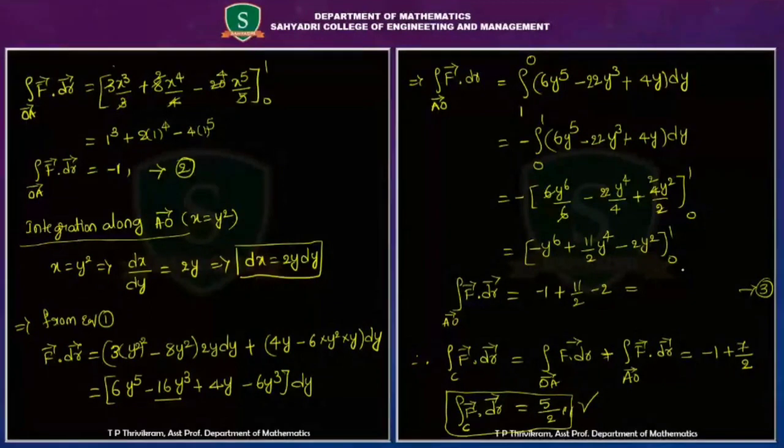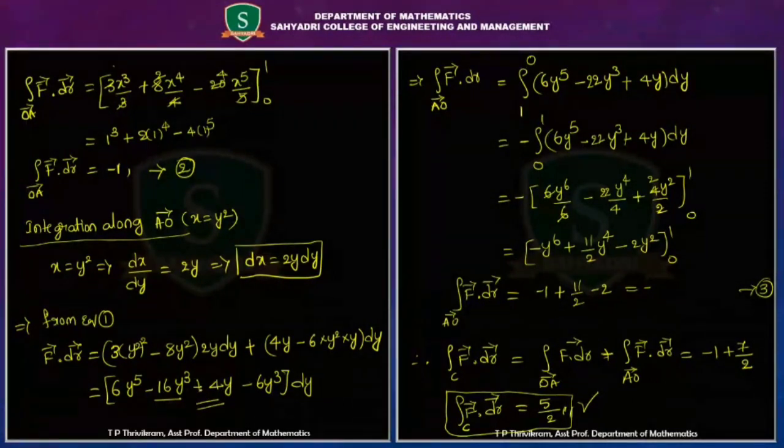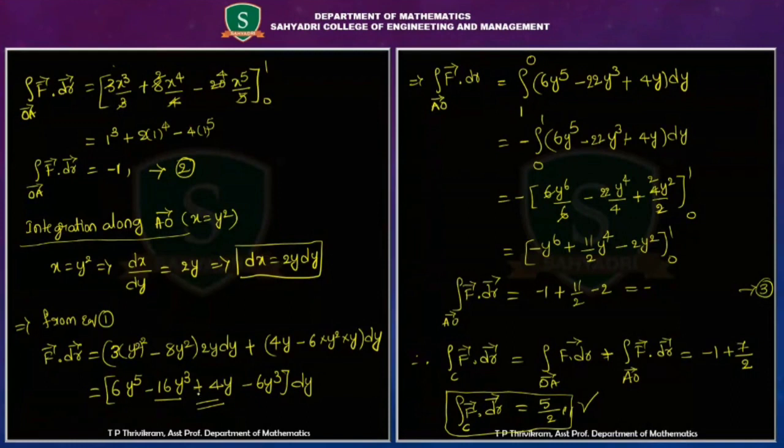What is happening, sir? Wait. Here I had taken minus previously; I made it plus. So what happens? Minus 16y cube minus 6y cube. So minus 16 plus 6, 22, right? That's why I have written 22 here. So I integrated 22y cube and get y power 4 by 4. So 2 twos, 2 elevens, 11 by 2 I have converted.